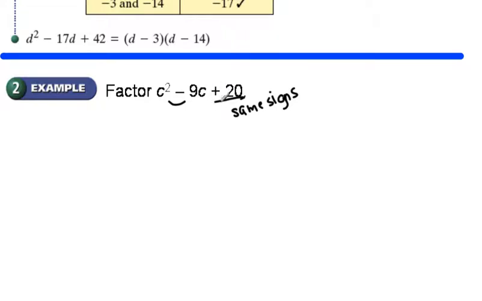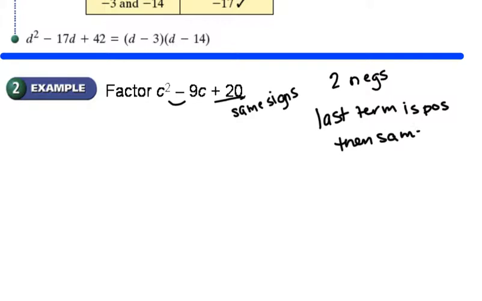So how can I get a positive here but a negative there? 2 negatives, you are correct. Okay, so that means what if the last term is positive, then same signs, and more specifically, it matches the middle term.